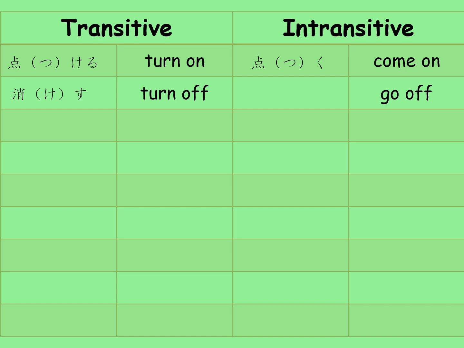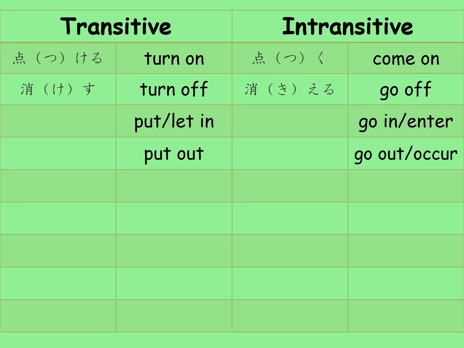The lights go off is intransitive, and that is 電気が消える. To let the students in the building is transitive, and that is 生徒を建物に入れる. The students enter the building is 生徒が建物に入る.